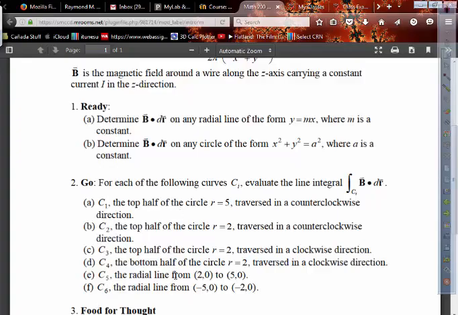Four of them are circles or pieces of circles, and the other two are radial line segments. Based on what you got from part 1, that should make your job a lot easier in part 2. All you have to do is figure out limits of integration, looking at the circle or the line segment you're dealing with, and that'll help you find those integrals.